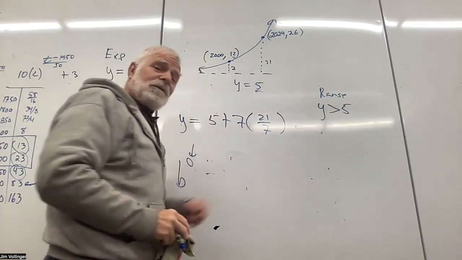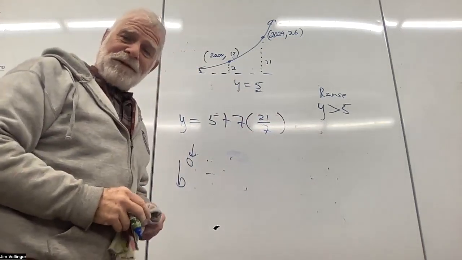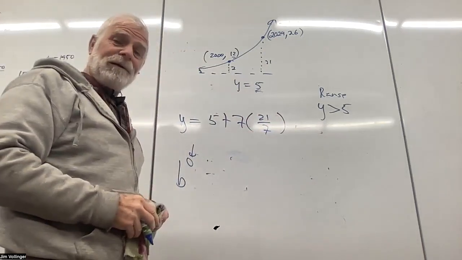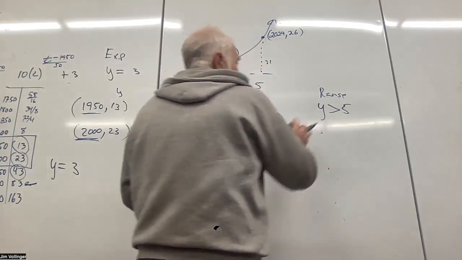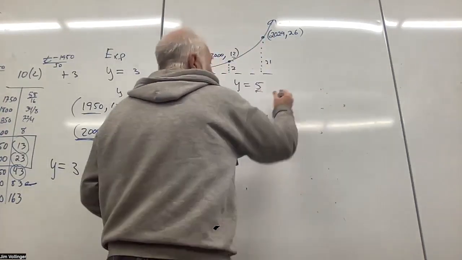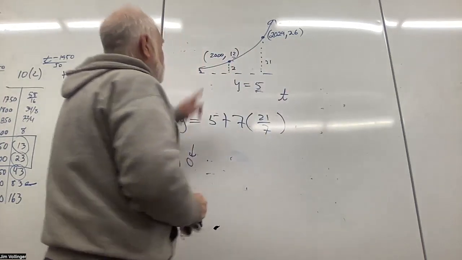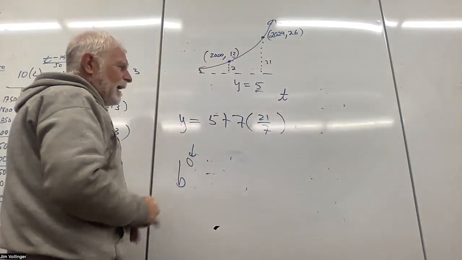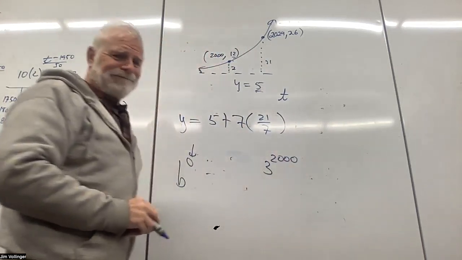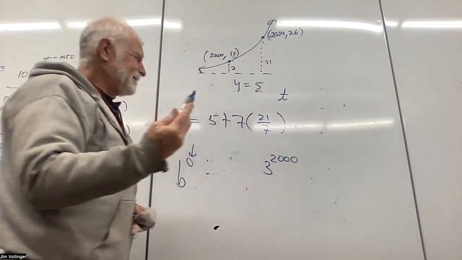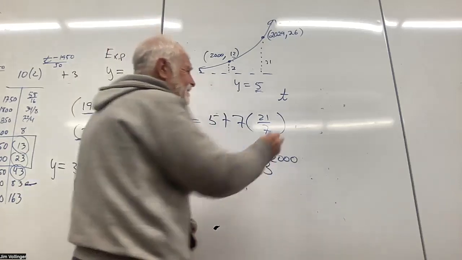You might write the number 3 in that parentheses, because I think we've got a tripling going on here. Now for our exponent, we want the year 2000. I don't think I want to do 3 to the 2000. Let's cut this down to size.